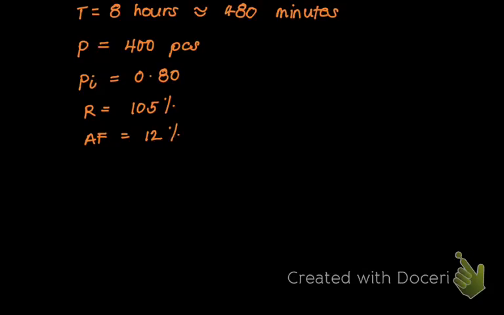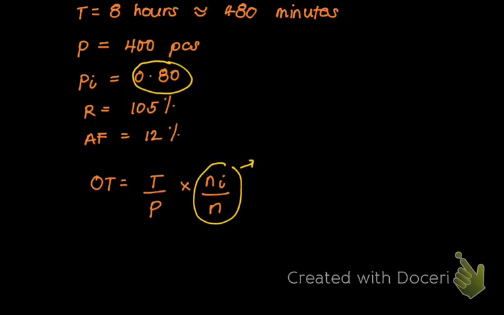So, first we need to find the value of your observed time, or OT. So, OT is T over P times NI over N. We are given the value of P sub I, which is the 80%.